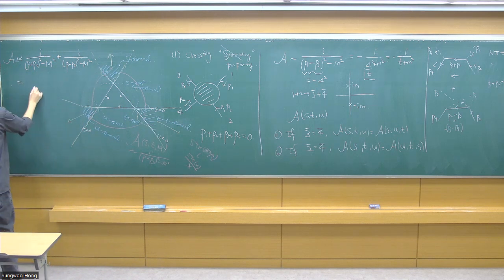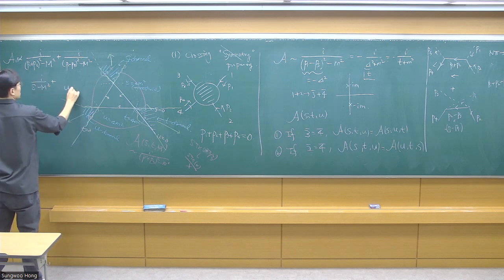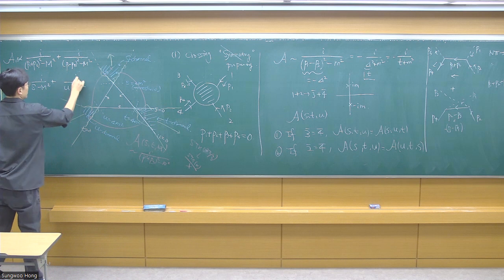We can write this as 1 over (S minus M squared) plus 1 over (U minus M squared).